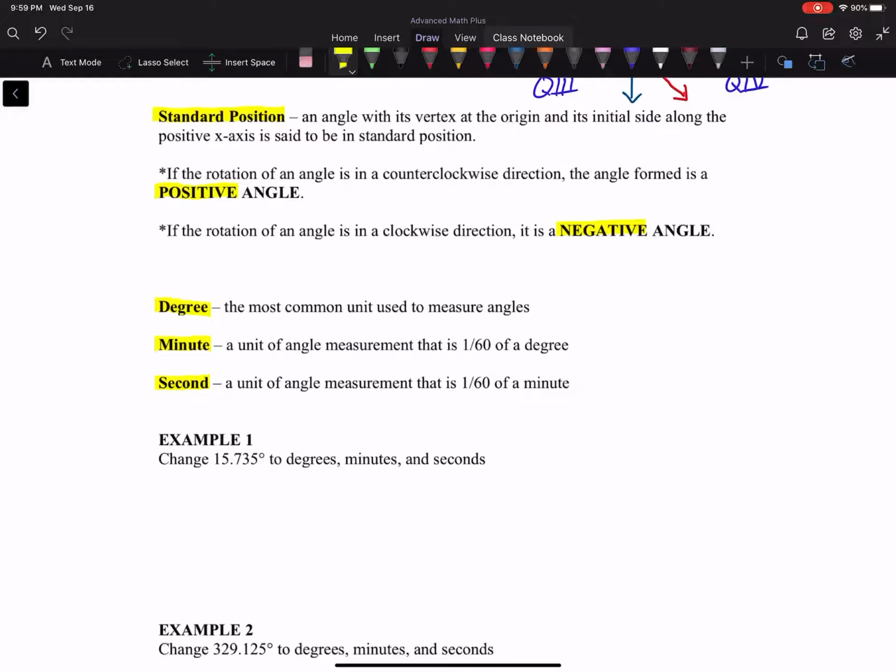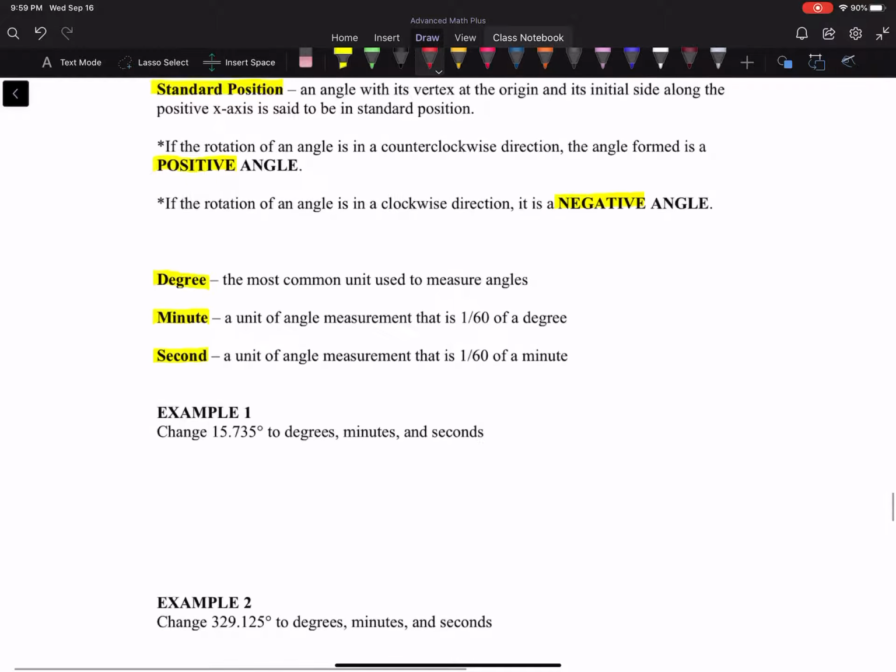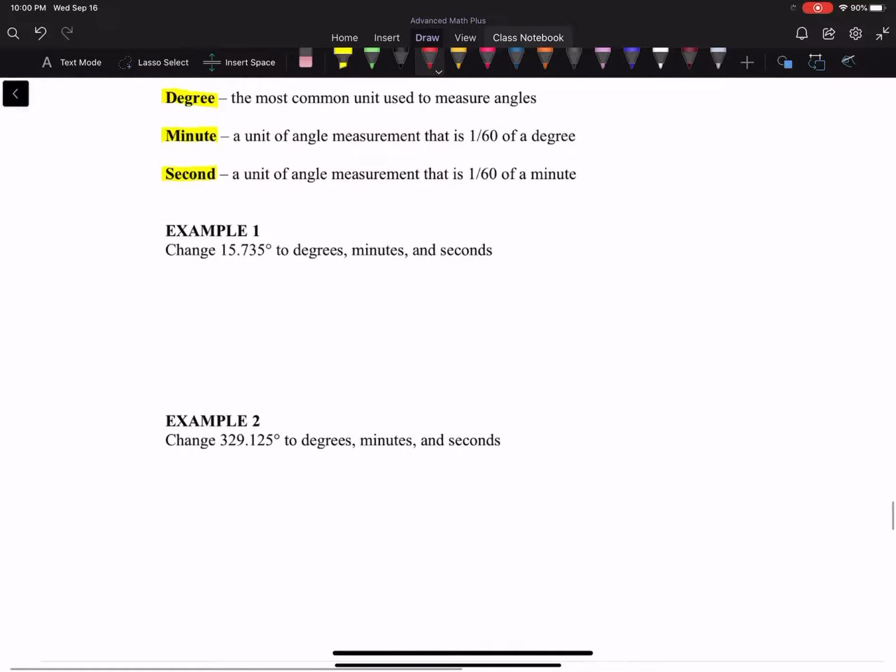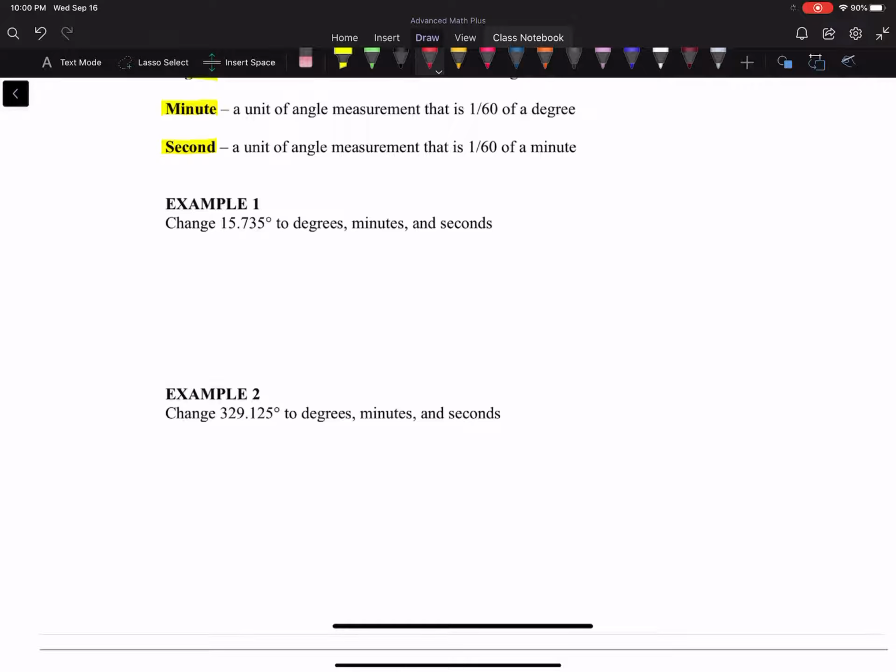And so for our first example here, it says change 15.735 degrees to degrees, minutes, and seconds. So the problem already gives us the degrees. It's 15 total whole degrees. And we have .735 left.